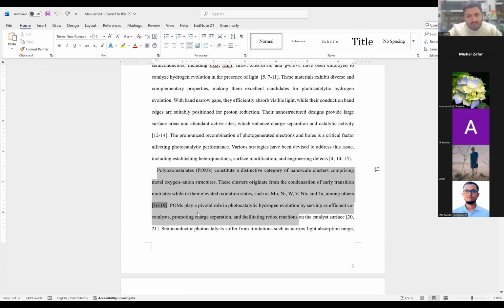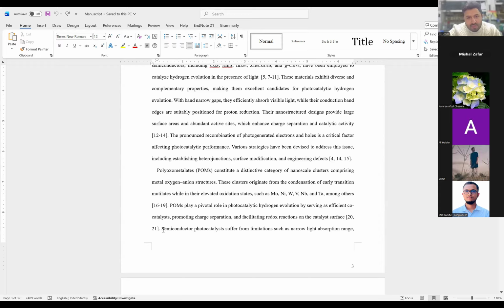I have mentioned that clearly in these graphs, such as these: among them, POMs play a pivotal role. I have discussed the already published papers on the topic related to polyoxymetalates.